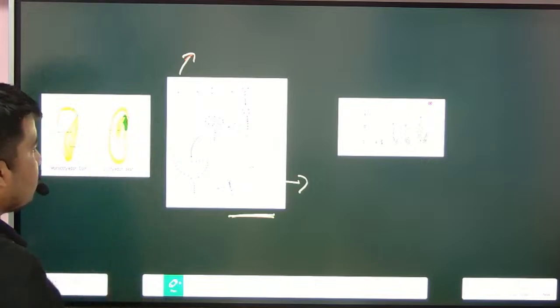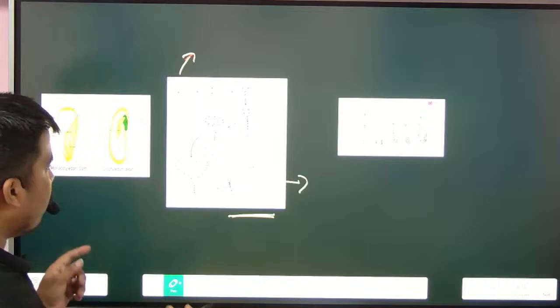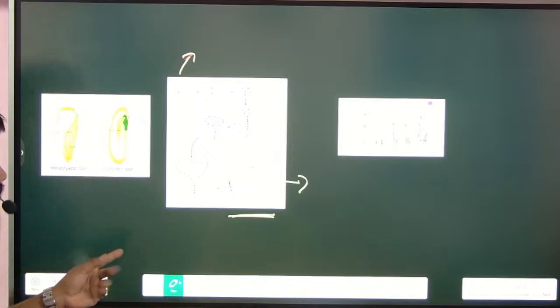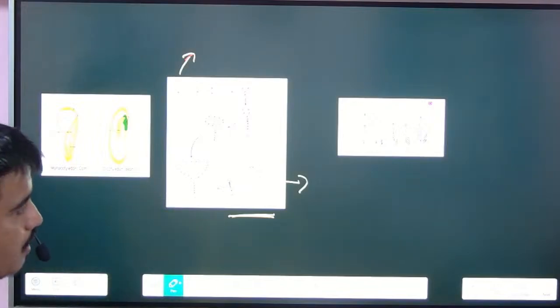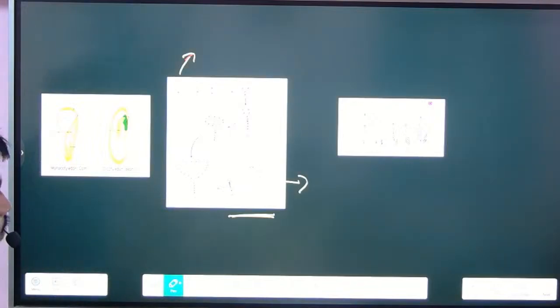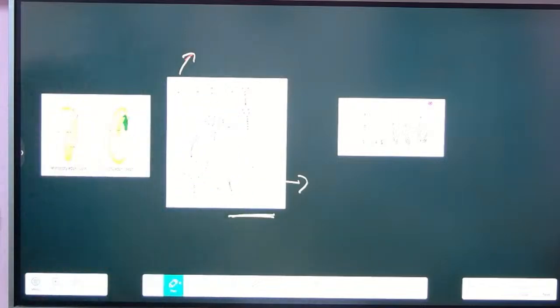The remaining portion is the endosperm. Now in many flowers, in many plants, the endosperm is used up by the embryo. The endosperm is made for the maturation of the embryo. Okay. So in some species of plants, endosperm is used up. That kind of seed is called a non-albuminous seed.